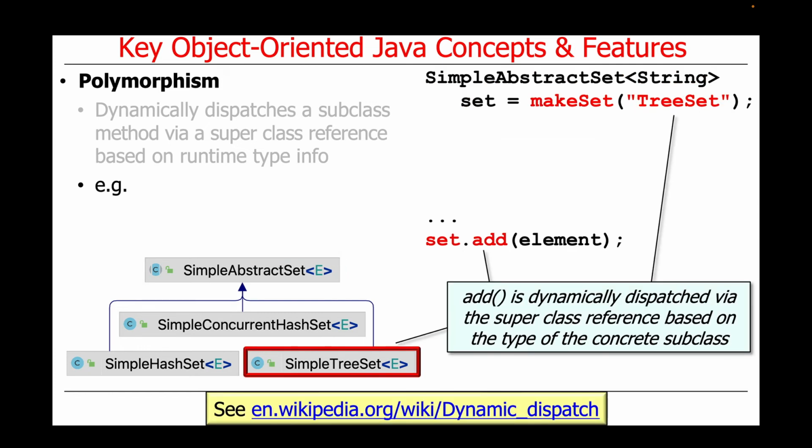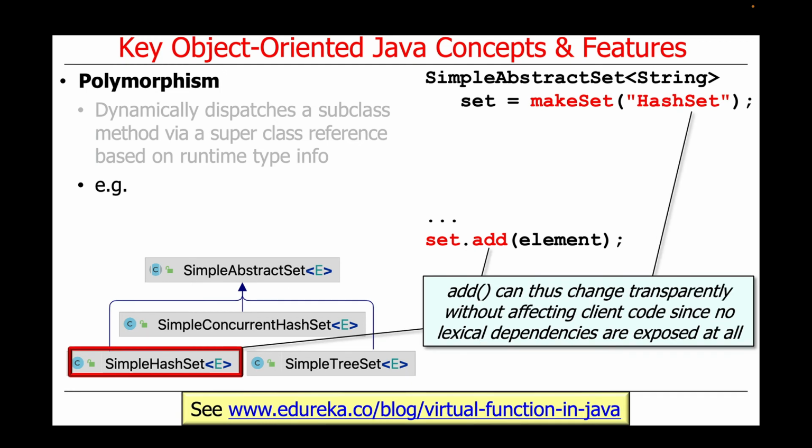And then when we call the various methods defined on the simple abstract set, such as add or iterator or contains, the add method, or whichever method is called, will be dynamically dispatched using the superclass reference, but based on the type of the concrete subclass. So for example, if treeSet is passed in as a string, then makeSet will create a simple tree set, but we'll access it through the simple abstract set reference.